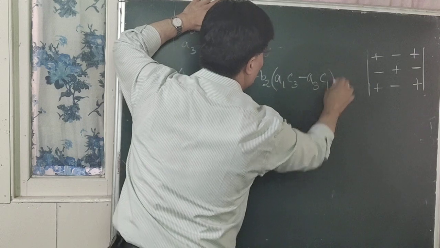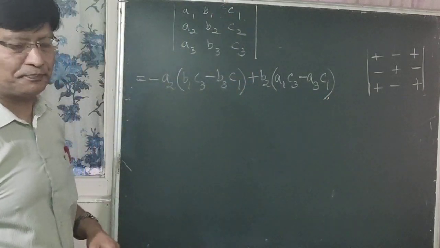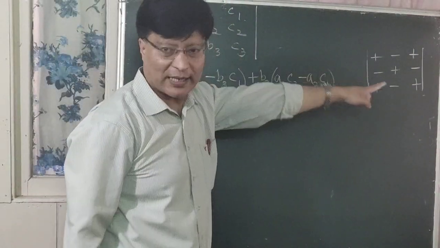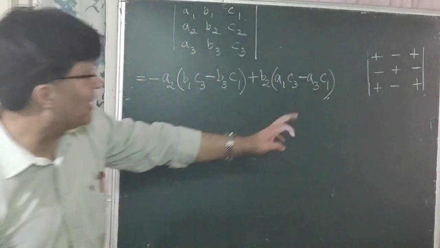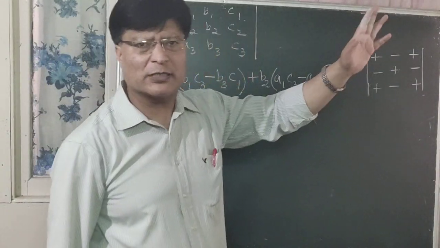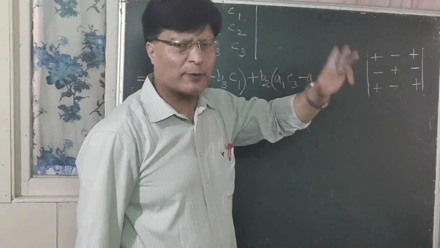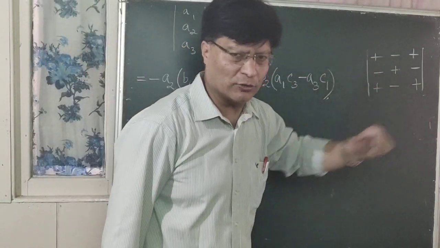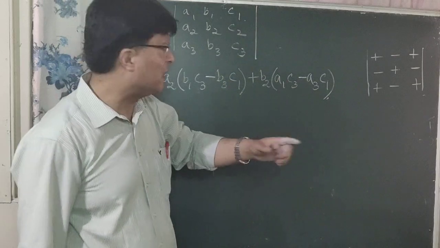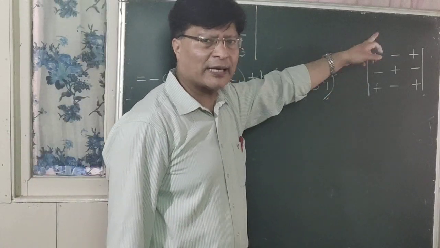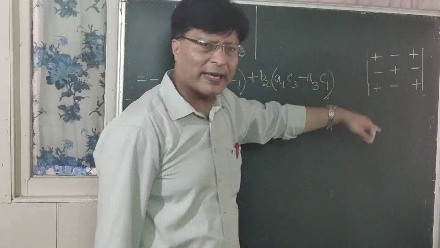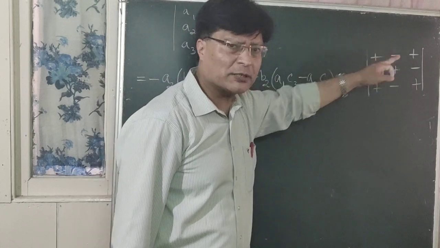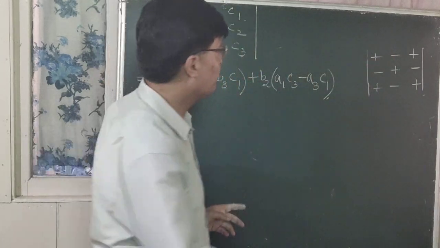Then comes minus sign. यो तिमीले मनमै याद गर्नुपर्छ है: plus minus plus in the first row, minus plus minus in the second row, plus minus plus in the third row. यदि first column बाट भयो भने plus minus plus, second column बाट भयो भने minus plus minus, third column बाट भयो भने plus minus plus. Is it clear?